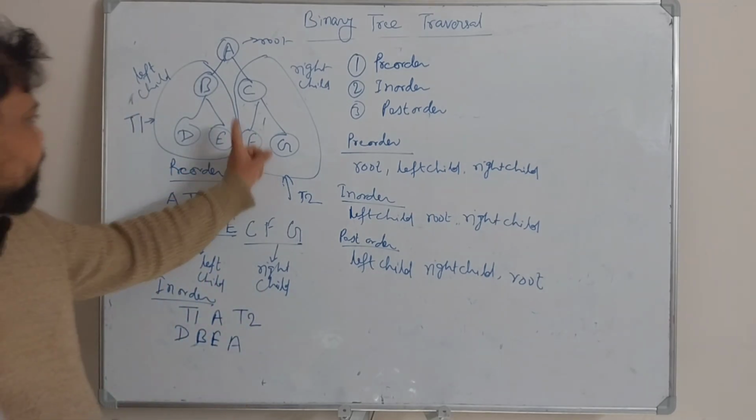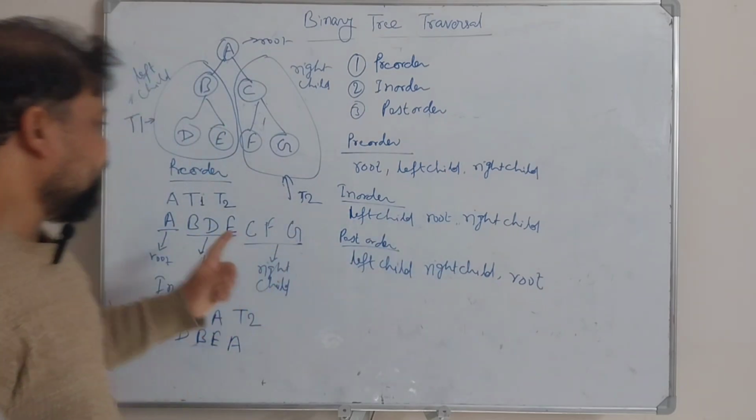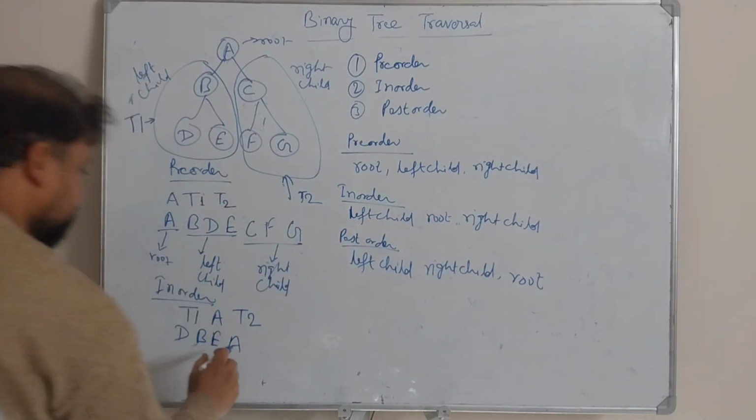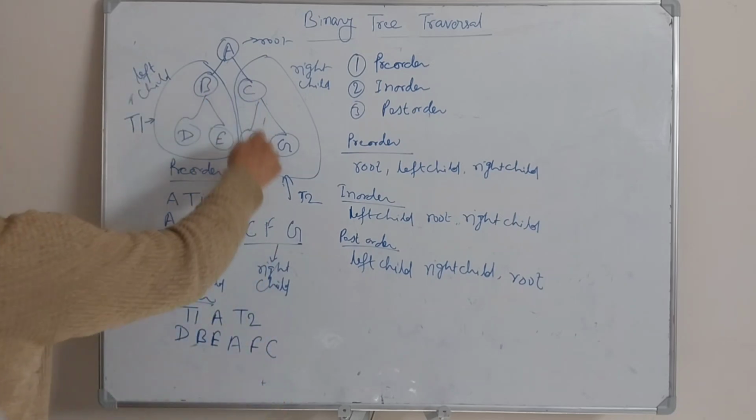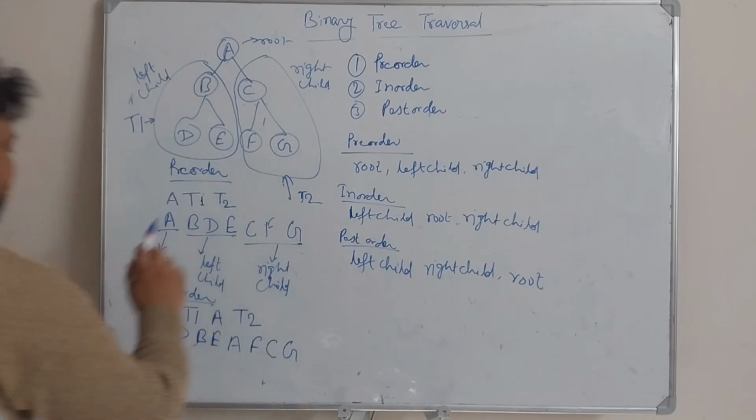For T2 I traverse the same way: left child, root, and right child. So left child F, then root C, and the right G. So that is the overall.